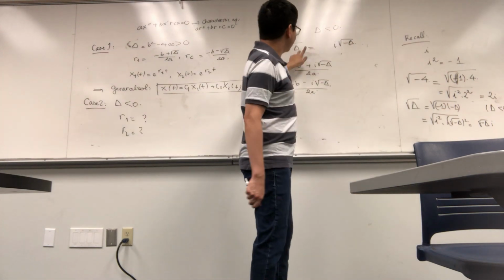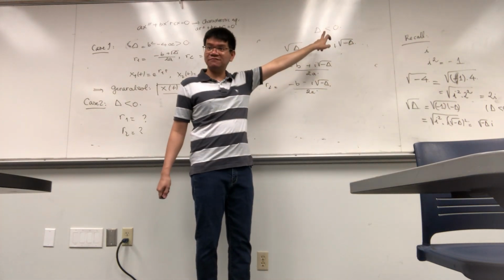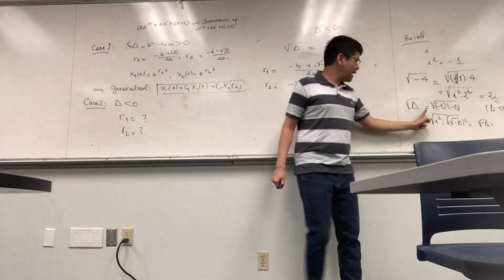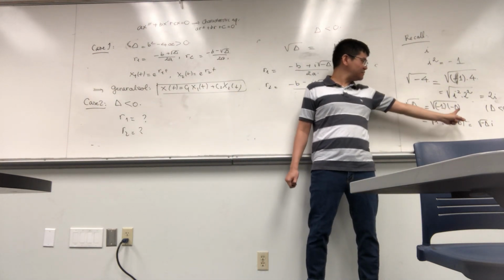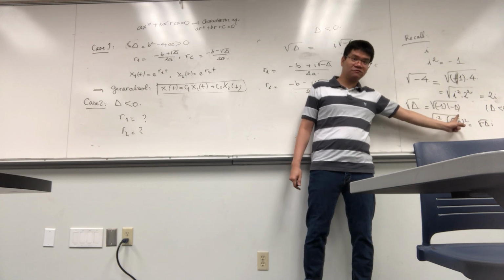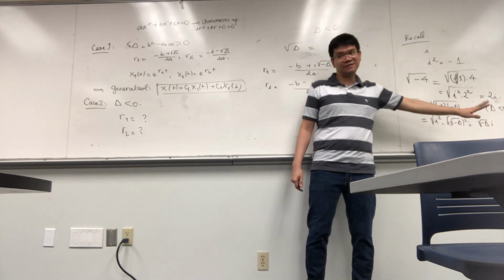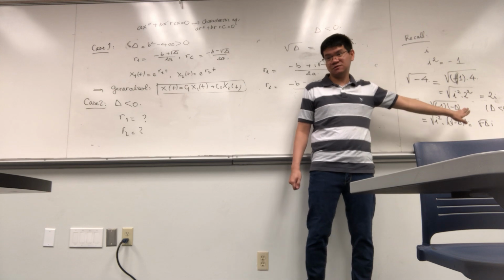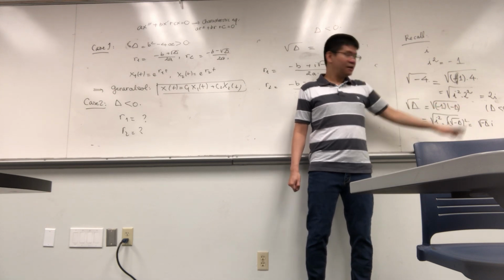Now I want to take the square root of this delta. In this case, delta is negative, right? I'm going to write delta as minus 1 times minus delta. So delta is negative, so minus delta will be positive. So this is quite normal that I can take the square root of minus delta, right?